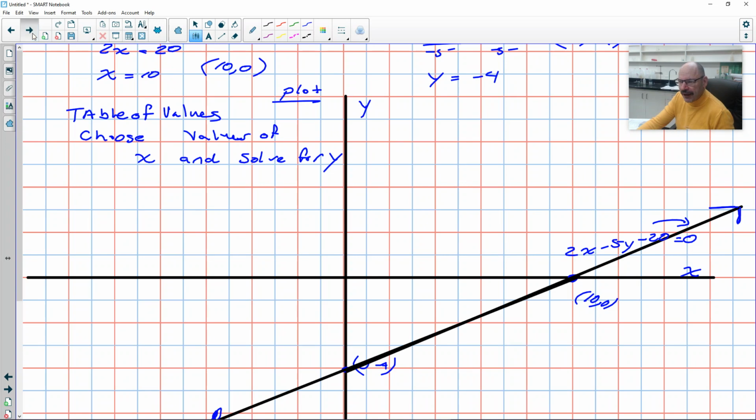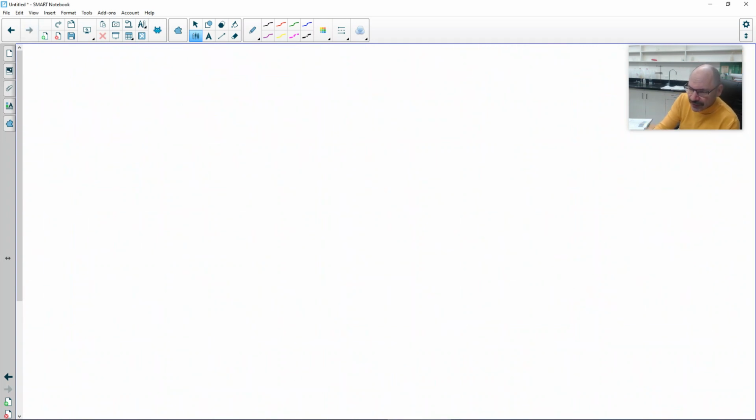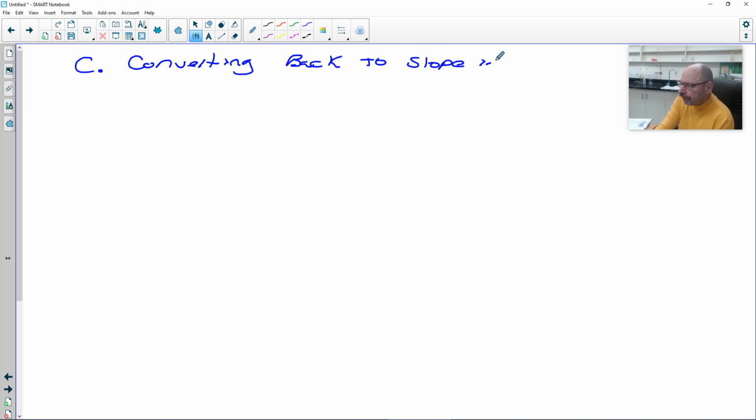Okay, let's flip ahead here, and this will be C. This will be converting back to slope-intercept form to find the slope.